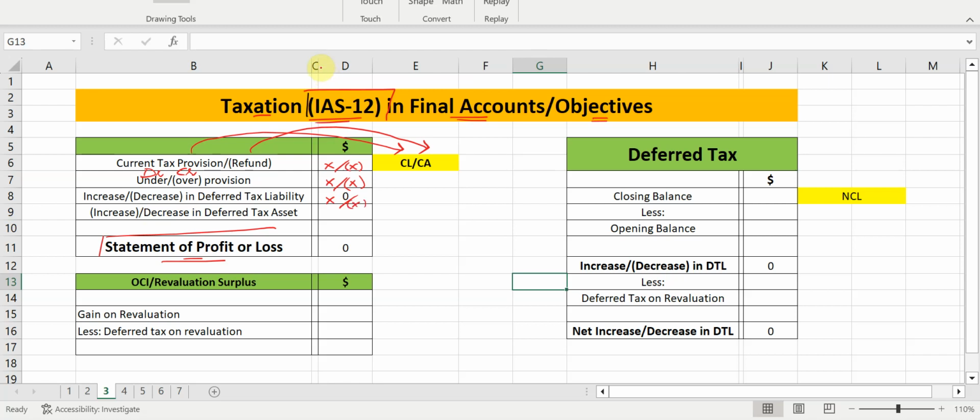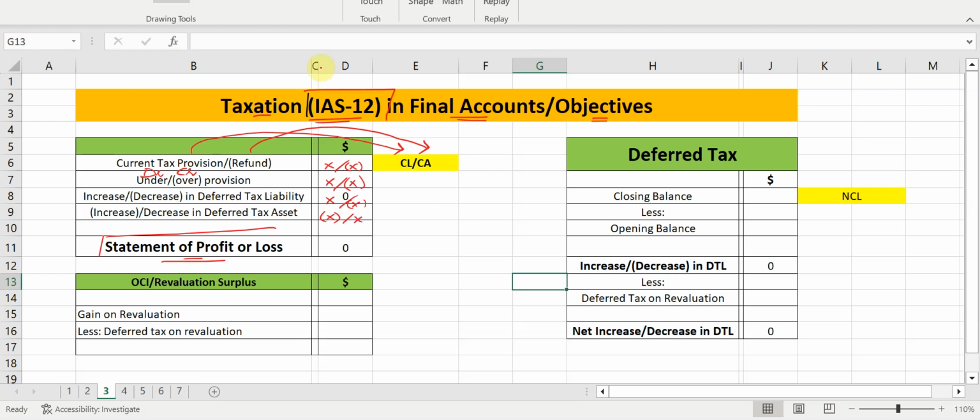And the opposite goes for the deferred tax asset. Usually we have the deferred tax liability question in the exam, but you may have the deferred tax asset scenario as well. So an increase in the deferred tax asset represents the decrease in the expense, and a decrease in the deferred tax asset represents the expense itself.